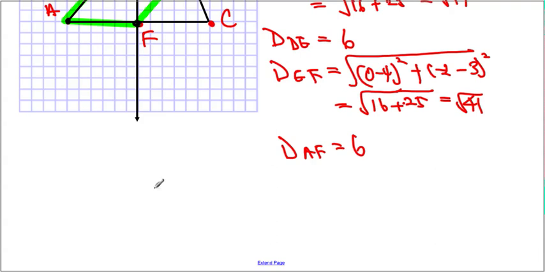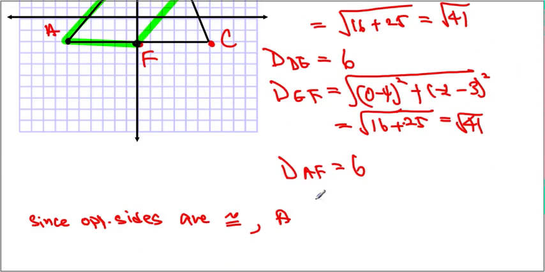Then since opposite sides are congruent, A, D, E, F is a parallelogram.